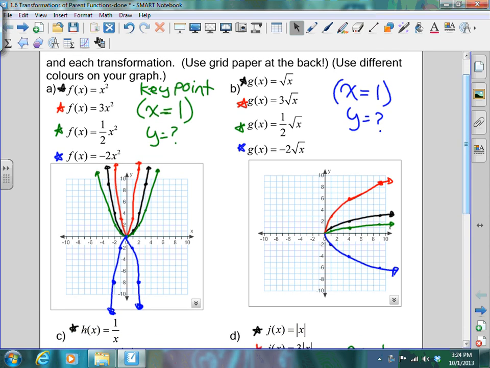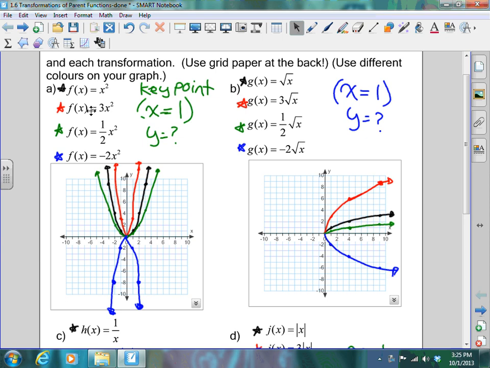Looking at example A, we know our parent function is a quadratic because it's y equals x squared. Okay? And what we need to notice, ladies and gentlemen, is that looking at the different colors, we know that our parent function is in the black.